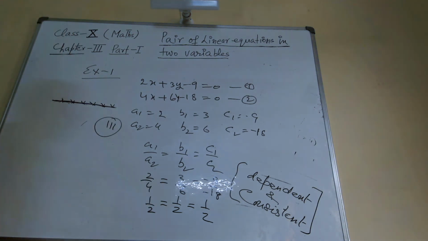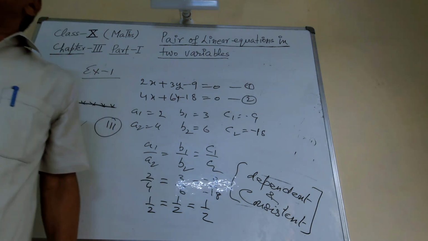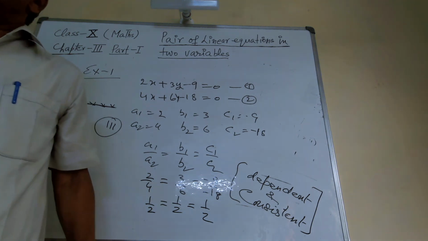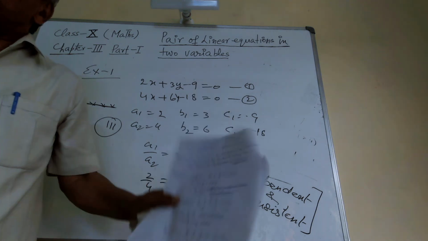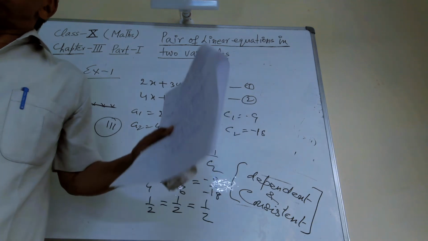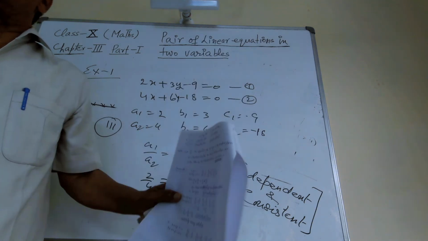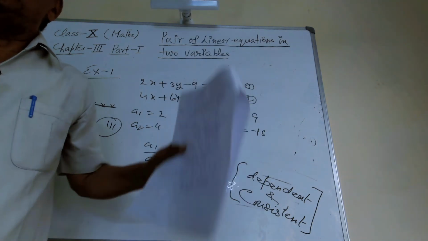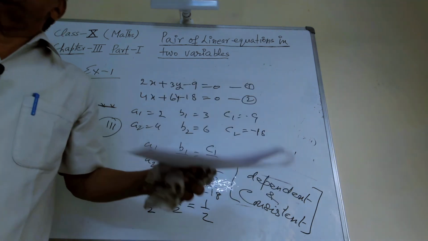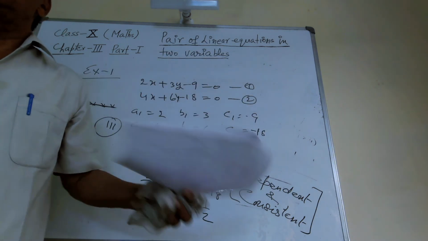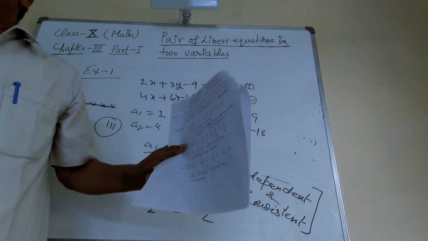So my dear students, if you want to find the solution of two linear equations in two variables, first of all you have to check whether the solution is possible or not. If the solution is possible, then we should move further. If the solution is not possible, leave that.